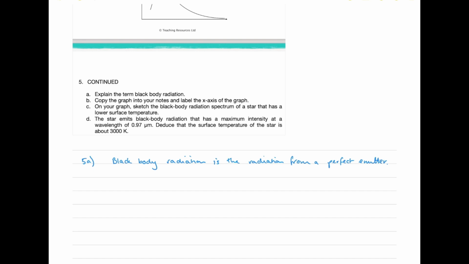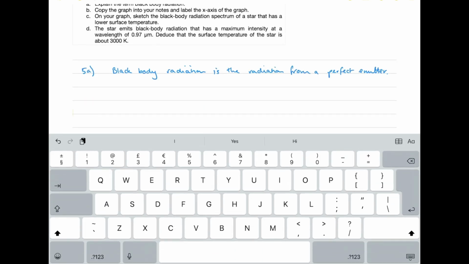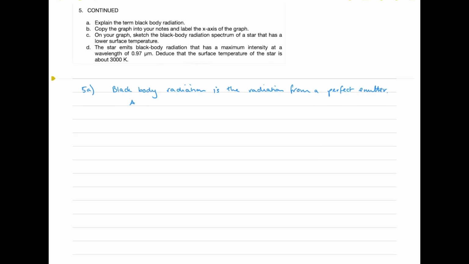So, a body that perfectly absorbs and perfectly emits radiation appears to have no reflecting power.